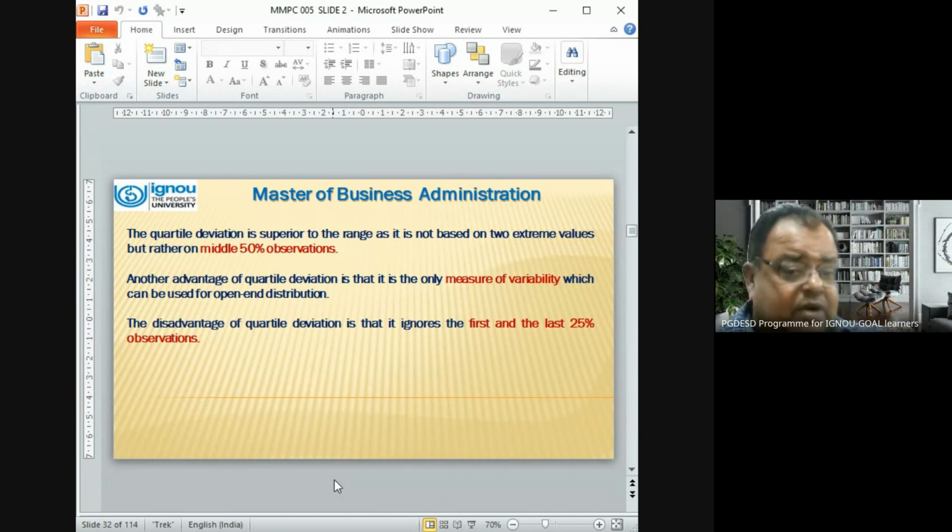Another advantage of quartile deviation is that it is the only measure of variability which can be used for open-end distributions. The disadvantage of quartile deviation is that it ignores the first and last 25% of the observations.